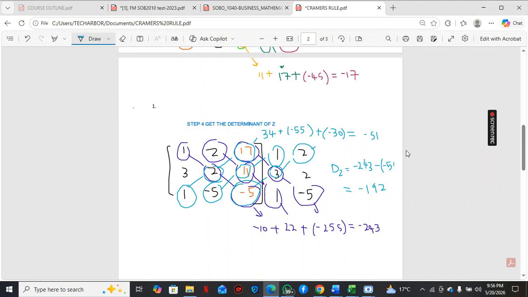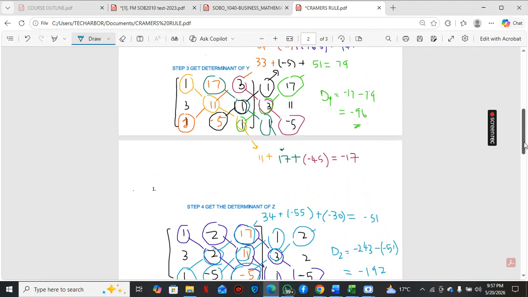Negative 51. Yes. So negative 243 plus minus negative 51. Negative and negative make positive, so the same as negative 243 plus 51, we get negative 192.